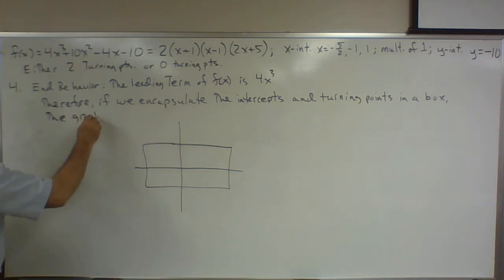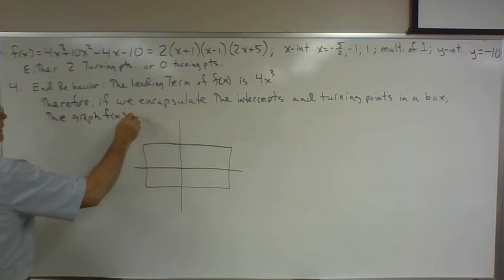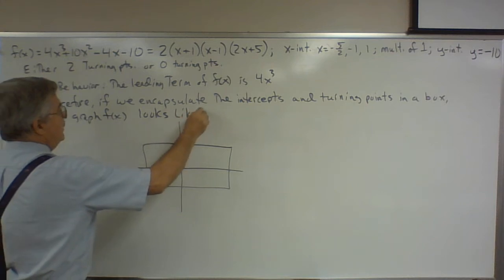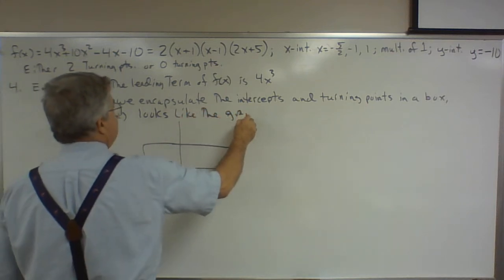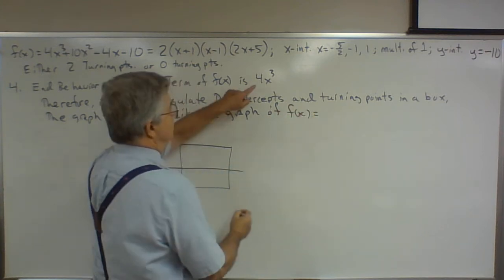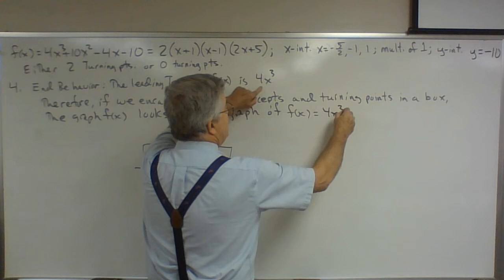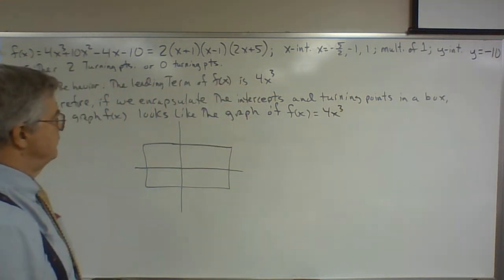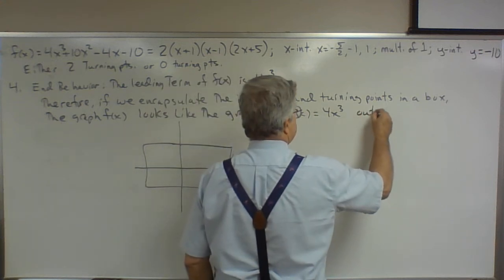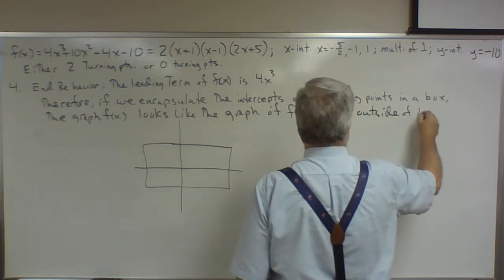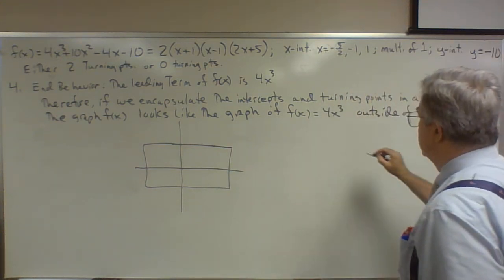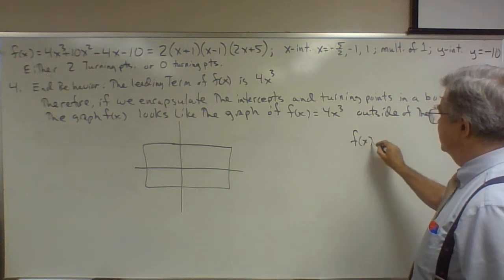The graph of f of x looks like the graph of f of x equals 4x cubed, the leading term, outside of the black box. F of x equals 4x cubed.